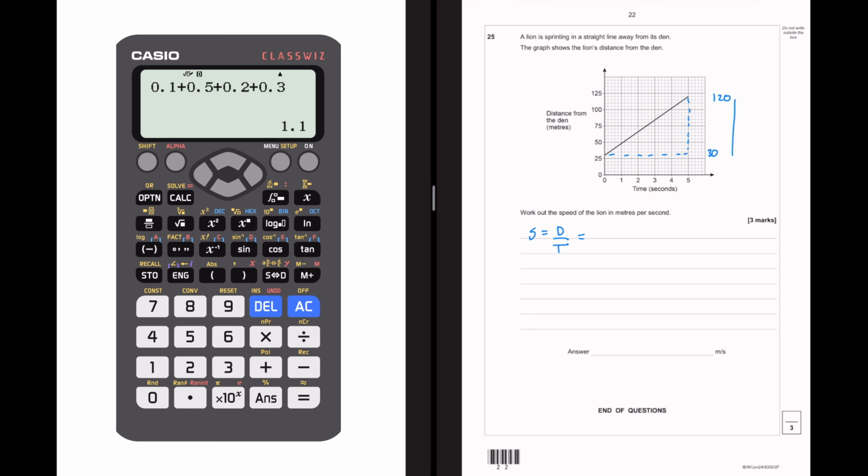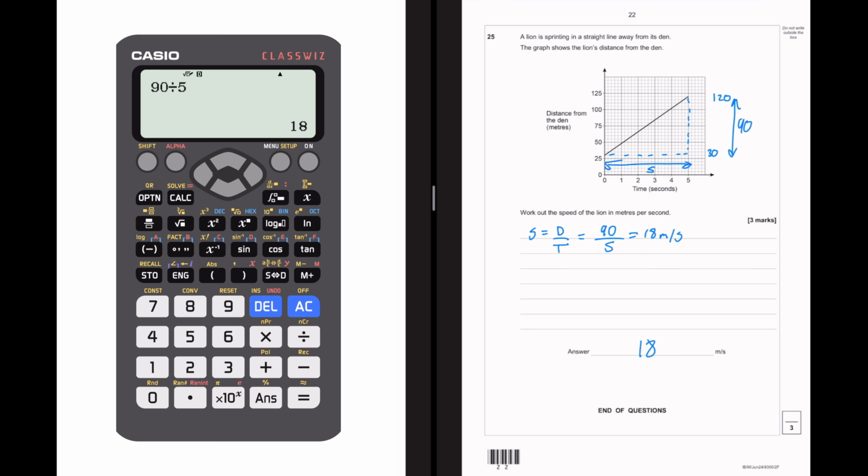So the rise here is 120 subtract 30, which is 90. And then we've gone from 0 to 5 along the base. So 90 over 5 will give us our final answer. So this is 18 meters per second.